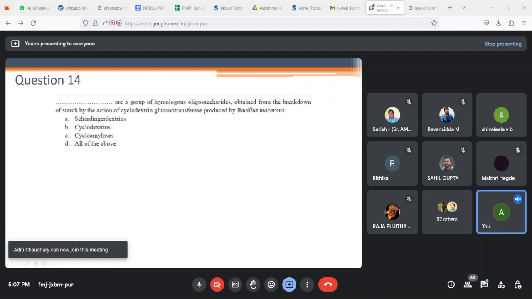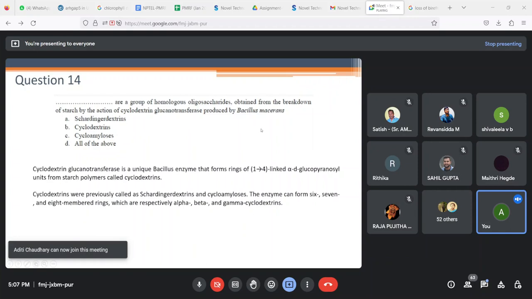Cyclodextrin glucanotransferase is one of the very important enzymes produced by Bacillus species. These enzymes form rings of 1 to 4 alpha-linked glucopyranosyl units. So you'll have glucosyl units arranged in a ring-like fashion by the help of 1 to 4 alpha linkages, and these molecules are known as cyclodextrins. Cyclodextrins are also known as Schardinger dextrins or cycloamyloses. All these three are pretty much the same molecules, just different names of the same molecules.